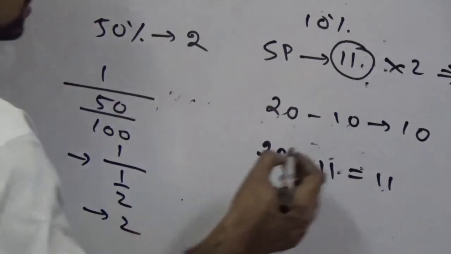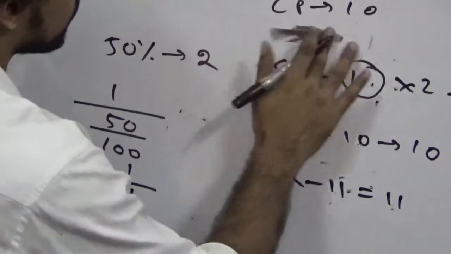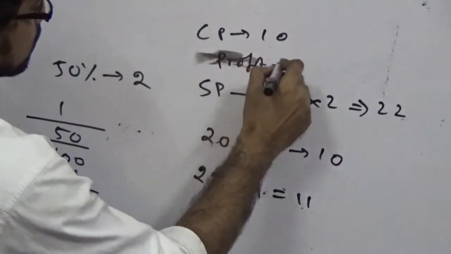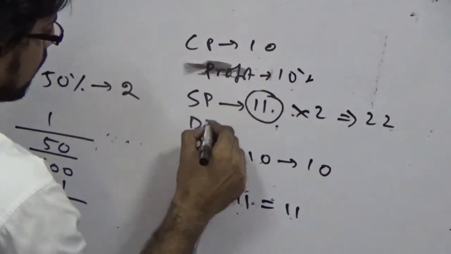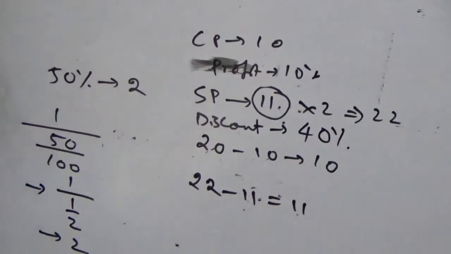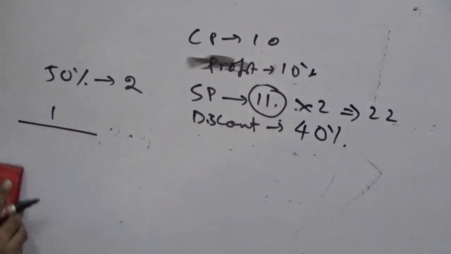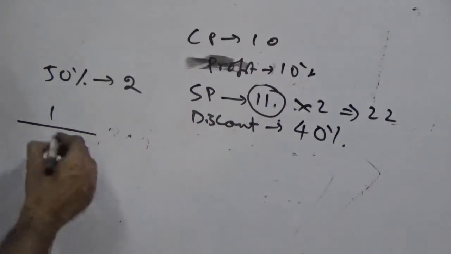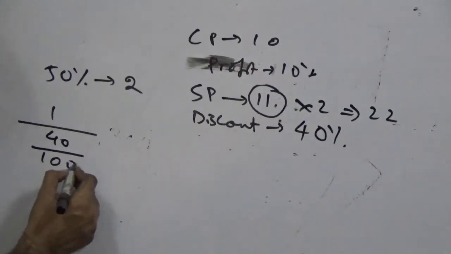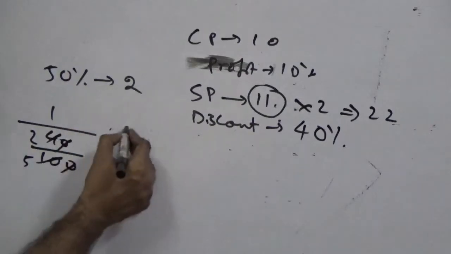So if I am planning to give a discount, with this profit of 10%, and then I want to give a discount of 40%, then what to do? If I want to give a discount of 40%, our calculation changes a little. This will be 1 by 40 by 100, that is 2 by 5. 2 by 5, when it goes up, is 5 by 2.